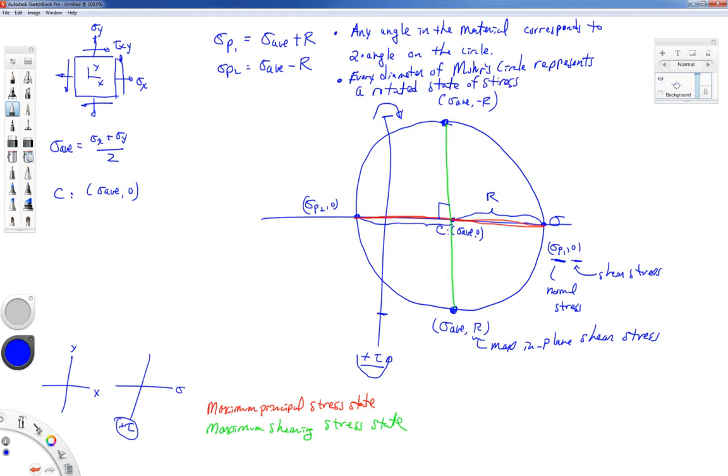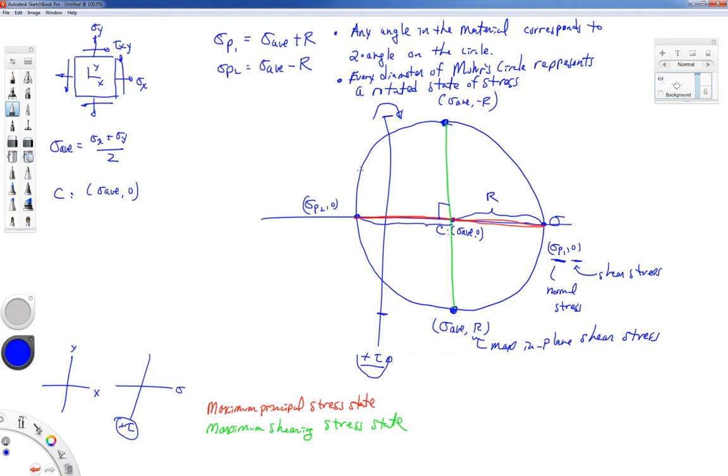Okay, those are two important things. So the horizontal diameter represents my state of principal stress. The vertical diameter represents my state of maximum shearing stress. And there's going to be some diameter that I can use to represent my starting point for my XY stress state. At the risk of making this page a little bit messy, I'm going to go ahead and use this.